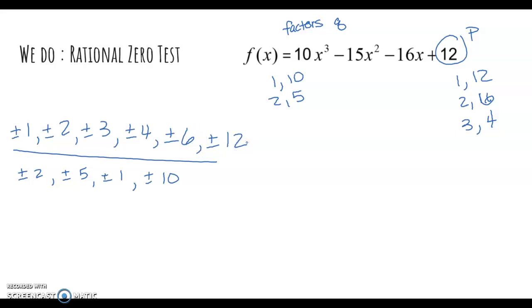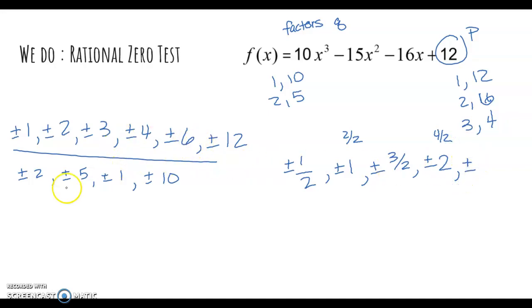So there's going to be lots of possibilities here. You could have plus or minus 1 over 2. Plus or minus 2 over 2, which simplifies to be 1. Plus or minus 3 over 2. Plus or minus 4 over 2, which simplifies to be 2.